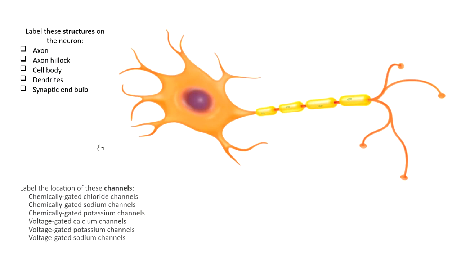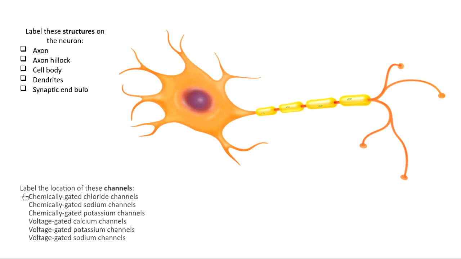The first group of channels that we see up here, because we're sorted in alphabetical order, are our chemically gated channels. There are 3 kinds of chemically gated channels that we care about here. We care about chemically gated chloride channels, chemically gated sodium channels, and chemically gated channels.